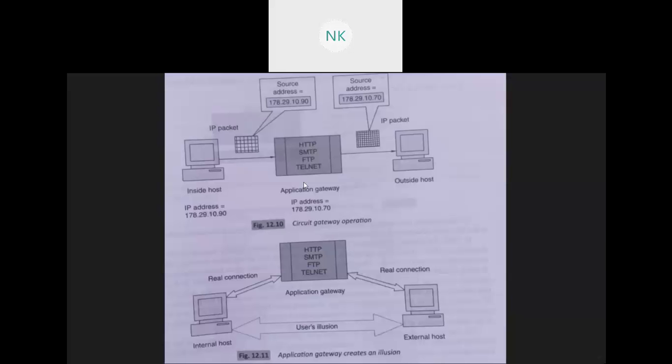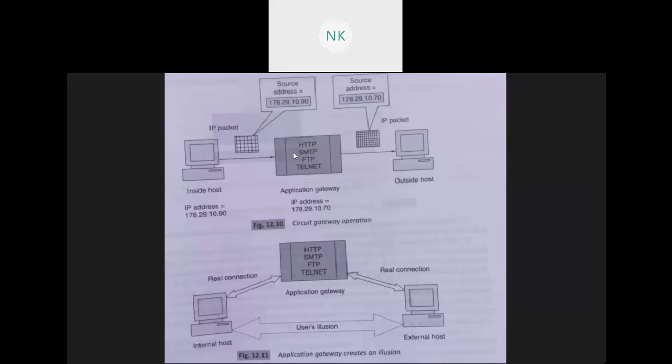We will just talk here about the process, how they transfer data or messages from source to destination through a proxy server. So what does the circuit gateway do? It creates a new connection.